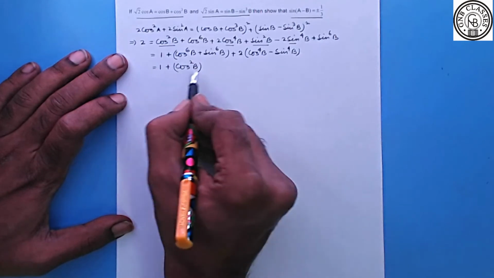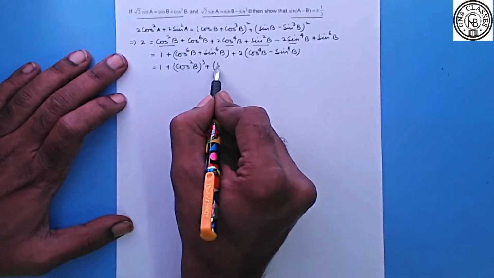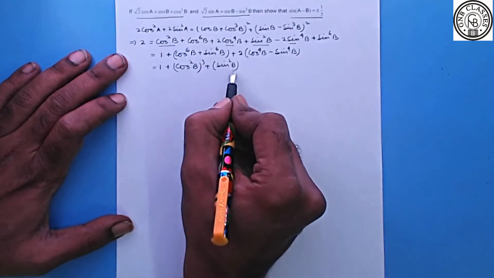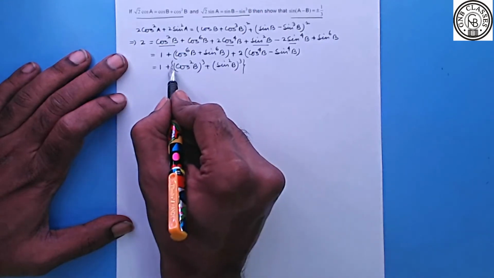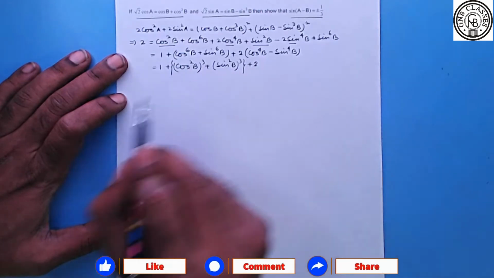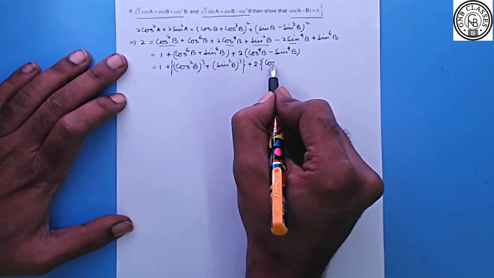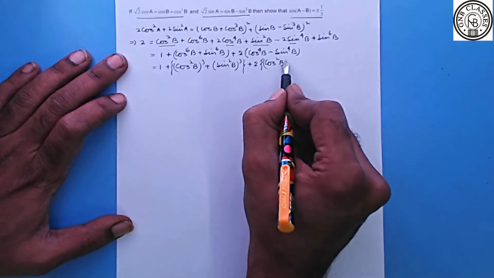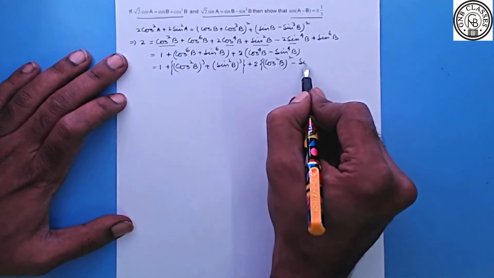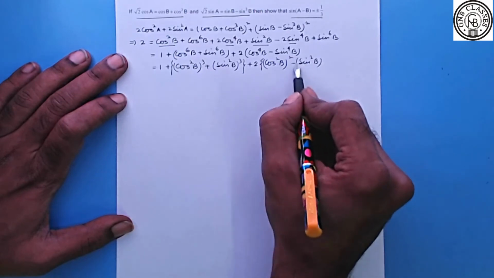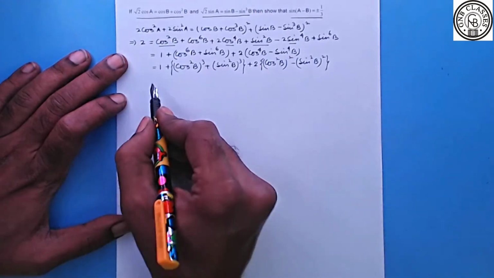(cos square B) whole cube plus (sine square B) whole cube plus 2 times (cos square B) whole square minus (sine square B) whole square.